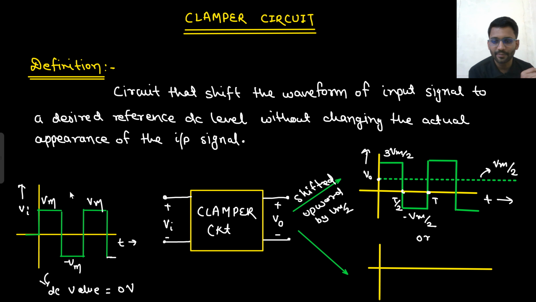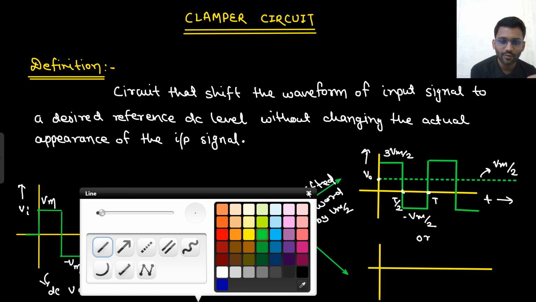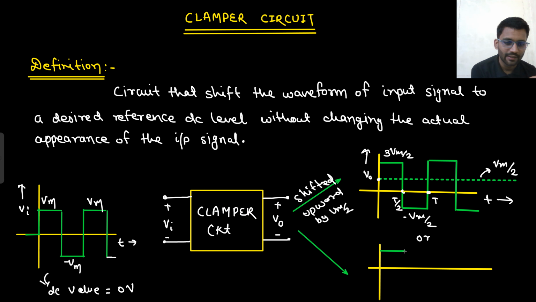If it is subtracted, that means Vm minus Vm by 2. So it would be minus Vm by 2, and then the lower one would be minus 3 Vm by 2. This would be Vm by 2, and this would be minus 3 Vm by 2. And in the same way, it will get repeated.